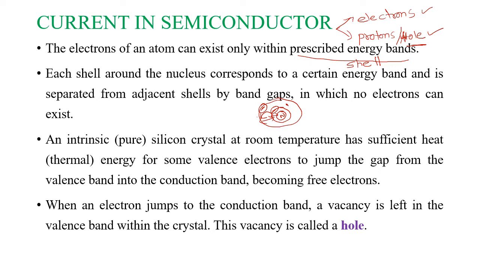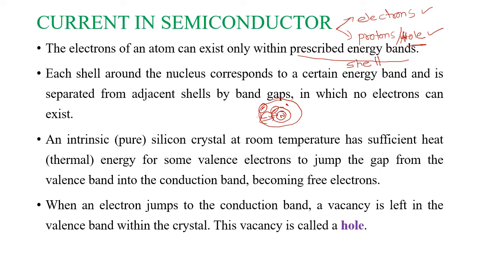All right. Okay, then the next point, an intrinsic silicon crystal at room temperature has sufficient heat energy for some valence electrons to jump the gap from the valence band to the conduction band, becoming free electrons.